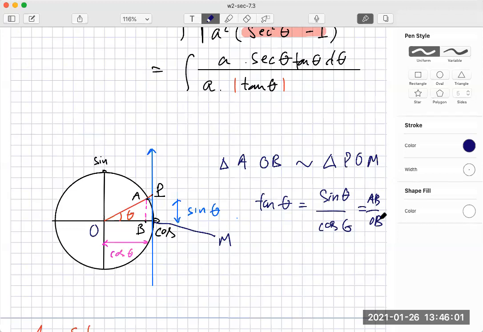And because these two triangles are similar, AB over OB will be the same as PM over OM. And OM is the radius here, which is 1.